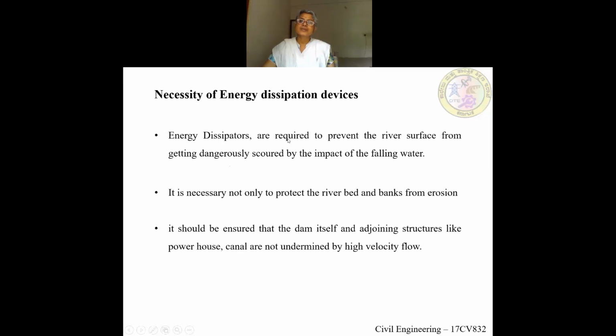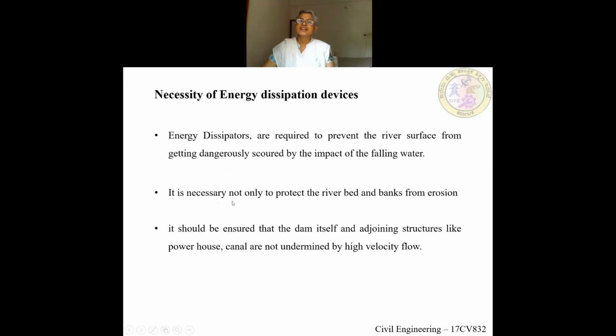Energy dissipators are required to prevent the river surface from getting dangerously scoured by the impact of the falling water. So the bed of the river will get scoured, and that has to be avoided by providing energy dissipators.